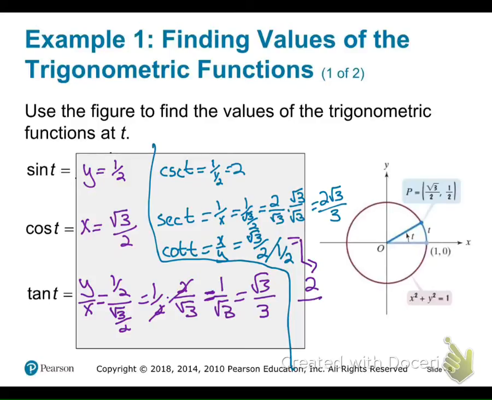I have square root of 3 over 2 times 2 over 1. Because remember, when you're dividing by a fraction, it's like multiplying by the reciprocal. You cancel, and you get the square root of 3. Okay, do we have any questions to this point? I have one thing that I want you guys to add.